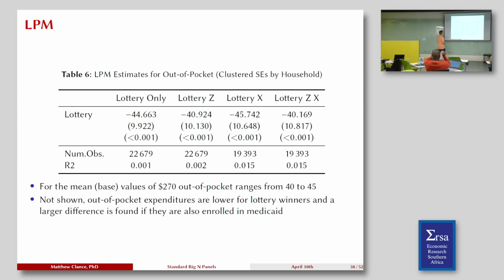It reduced it by $44.66. Even when I added more and more controls about demographics and specific characteristics of the individual, it still only ranged between $45 and $40 in reduction.